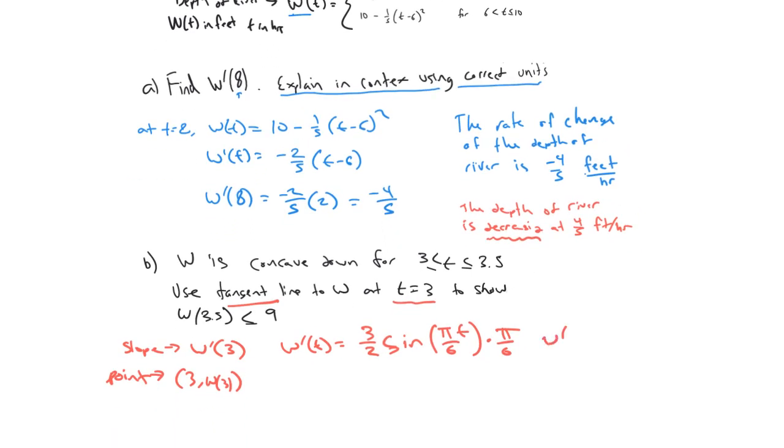So w prime of 3 would be 3/2 sine of 3 pi over 6, which is just pi over 2, times pi over 6. But sine of pi over 2 is 1, so this equals 3/2 times pi over 6, which is 3 pi over 12, which is pi over 4.